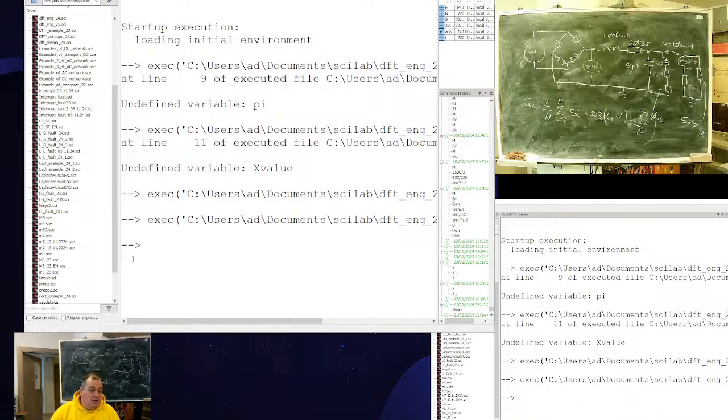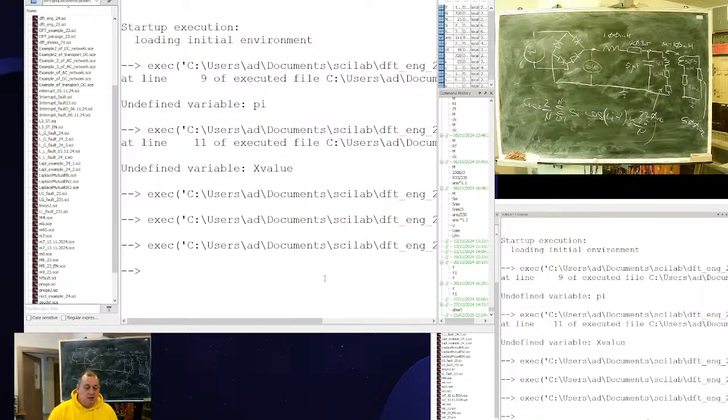The last one is a DC component. This part is for that. Let's try to see what I got.